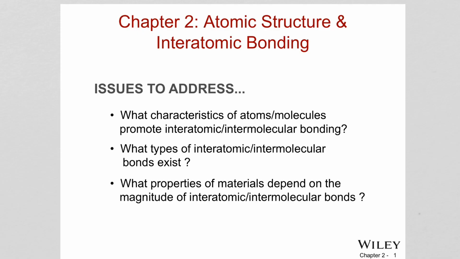Another great example of this is graphite and diamond. Both are made up of carbon atoms, but in diamond, carbon atoms are arranged tetrahedrally, so it's like a 3D network structure. For this reason, diamond shows extraordinary strength and hardness.